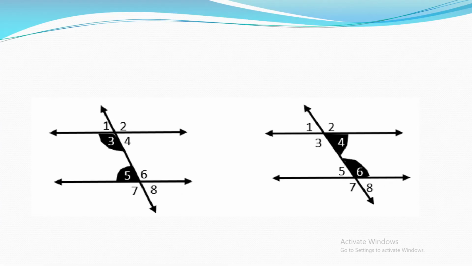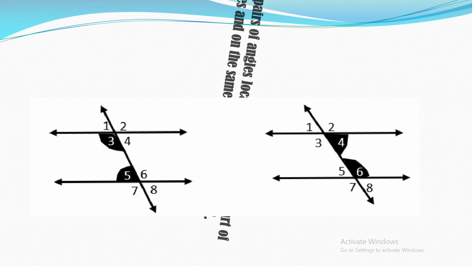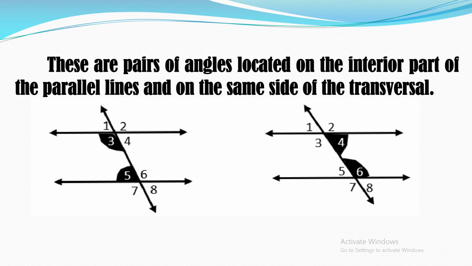Next, we have these two figures. What can you observe about the marked pairs of angles? Very good. These are pairs of angles located on the interior part of the parallel lines and on the same side of the transversal.